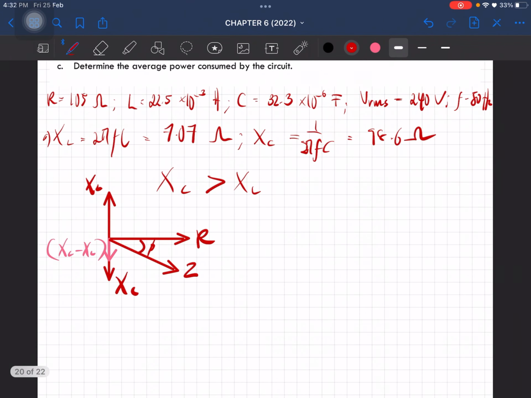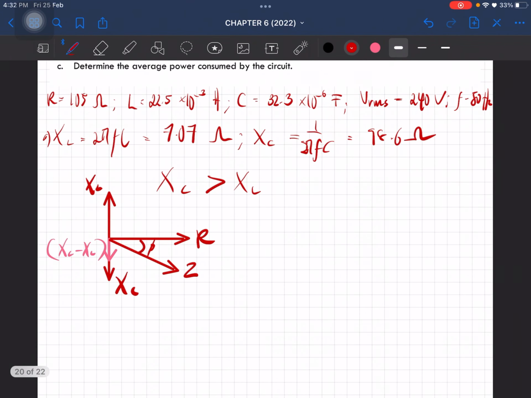So that is the phasor diagram, and then the power factor is cos phi. If you calculate that, this is going to be R over Z, because we don't have phi. So what do we need? We need the value of Z. Z is calculated using this equation, the square root of R squared plus (XC minus XL) squared.